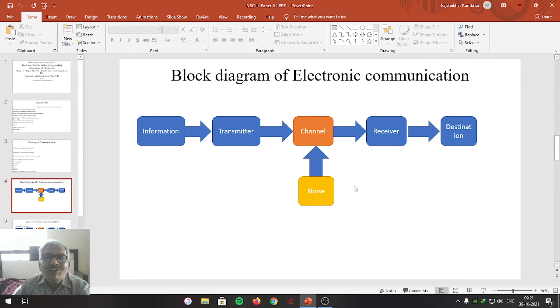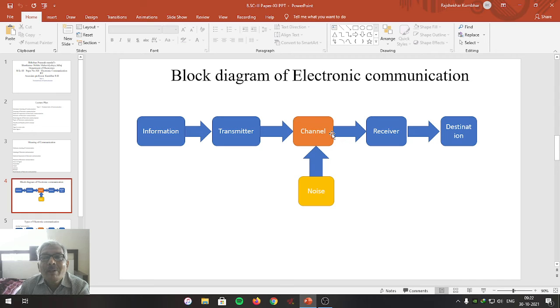To reduce the effect of noise, the strength of the signal should be kept as high as possible. If the strength of the signal is high, then the noise level is automatically reduced. That's why the signal is processed in the transmitter, which helps to reduce the noise likely to be introduced during the traveling of the signal within the channel.